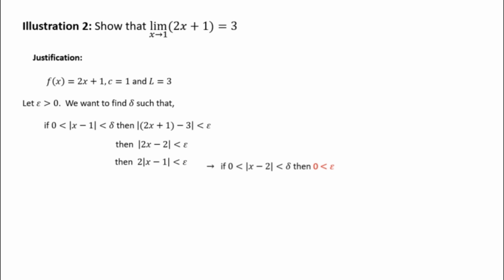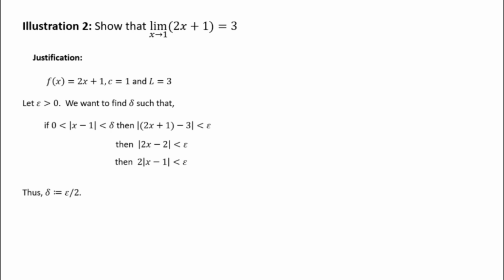But what value of delta specifically? Well, take a look. If we want this expression to be less than epsilon, then we would want this, the absolute value of x minus 1, to be less than epsilon over 2, right? This means that delta can be defined as epsilon over 2.